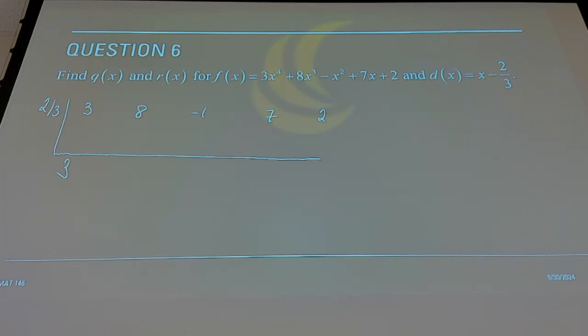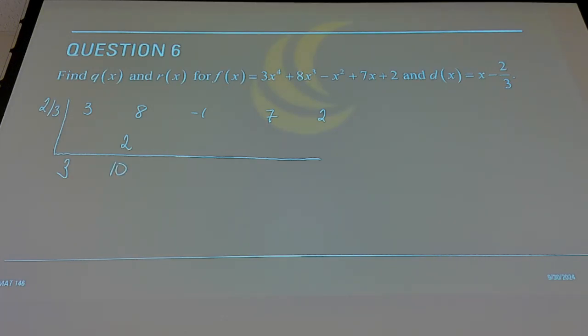Three drops down, times 2/3. Two. Add 8. 10. Oh, okay. Well, this isn't what it's supposed to be, but this will work. It's supposed to be plus 2/3, not minus 2/3, but do this.